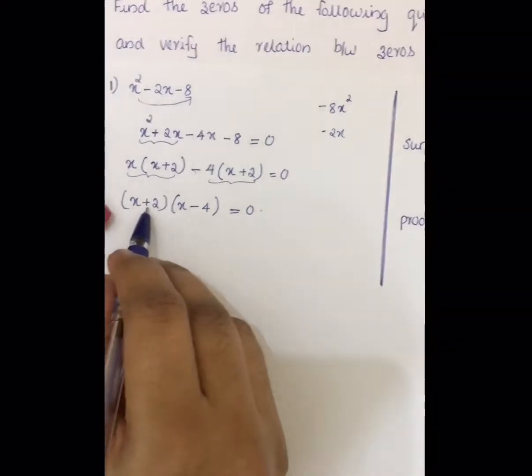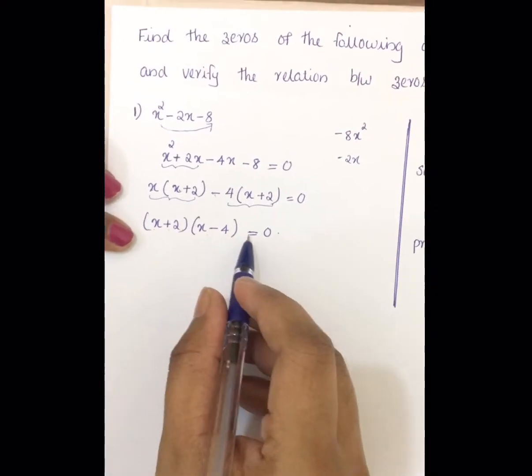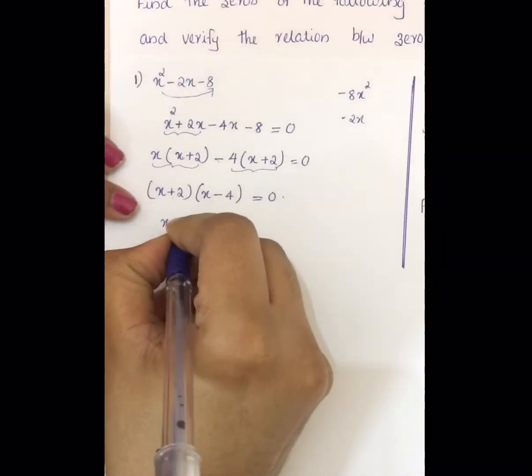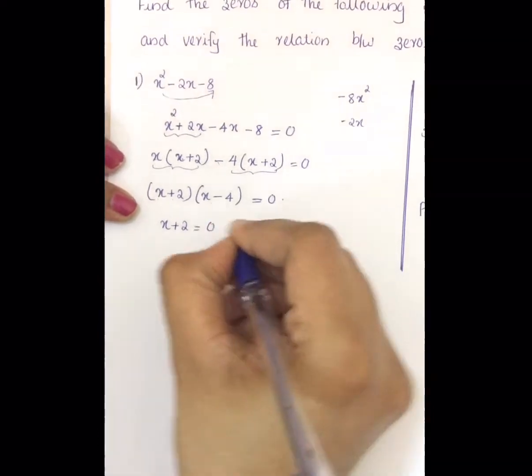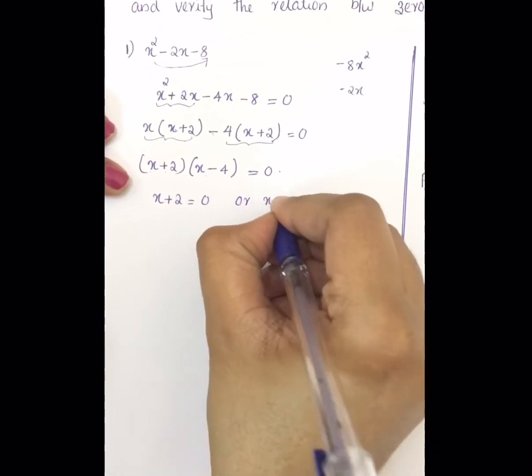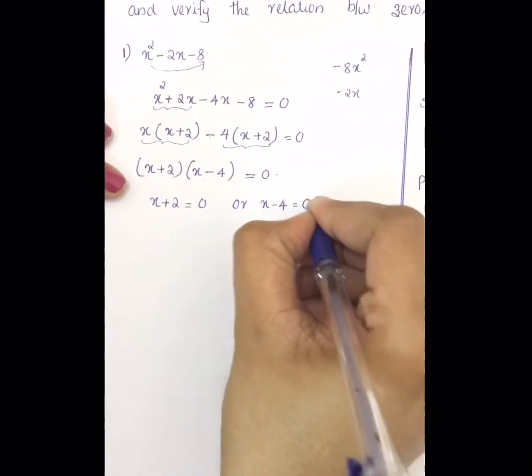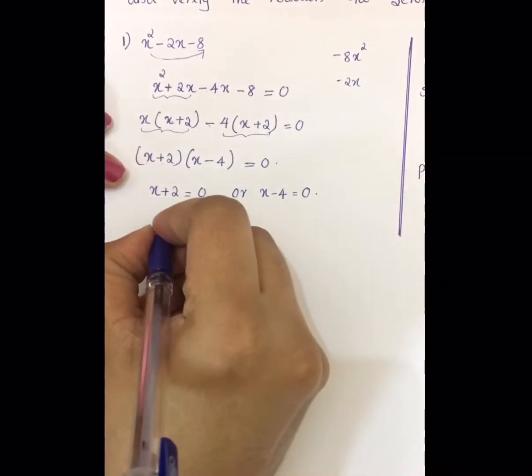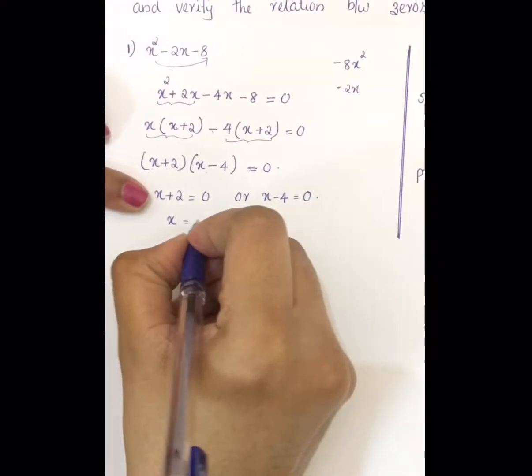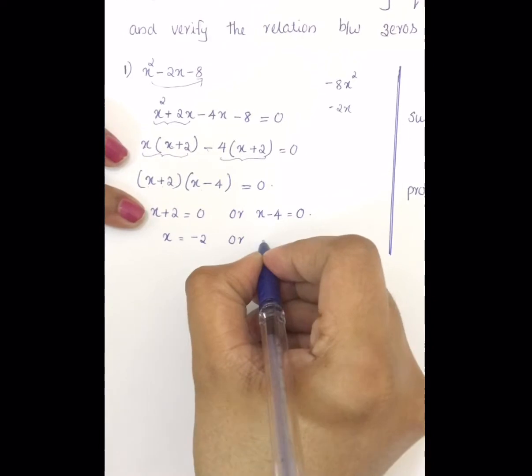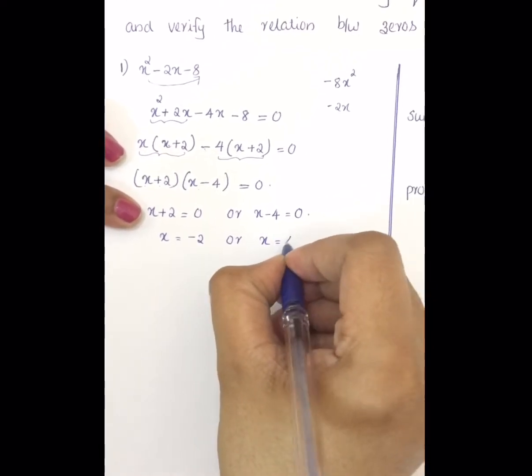Now x plus 2 into x minus 4 equal to 0. That means x plus 2 equal to 0 or x minus 4 equal to 0. Then x equal to minus 2 or x equal to 4.